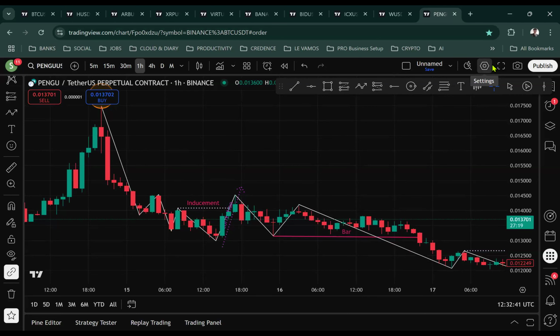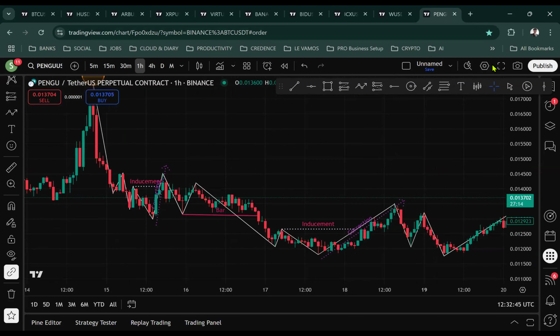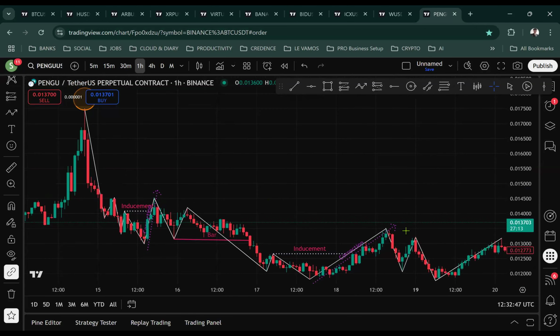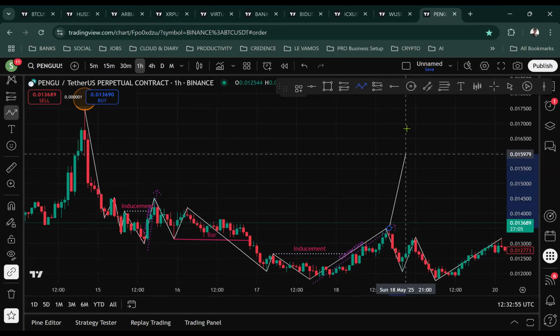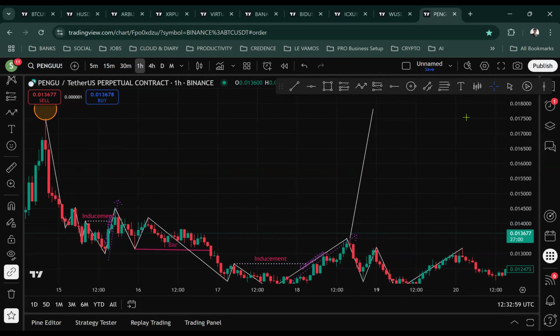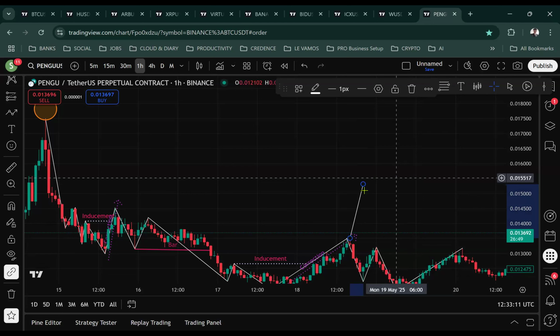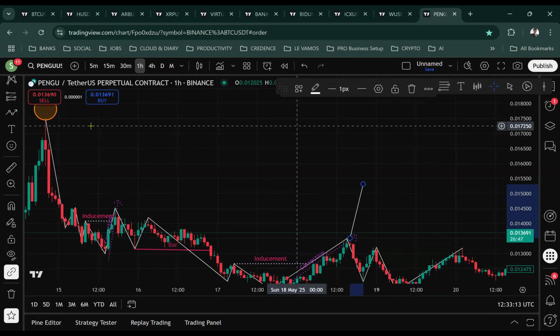Now for example, in the second correction, suppose it moved from here to here, or only crossed up to here, above the first correction. Is there a possibility of a trend change, or should it cross the point of origin?